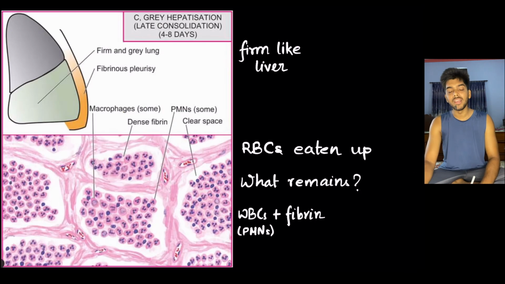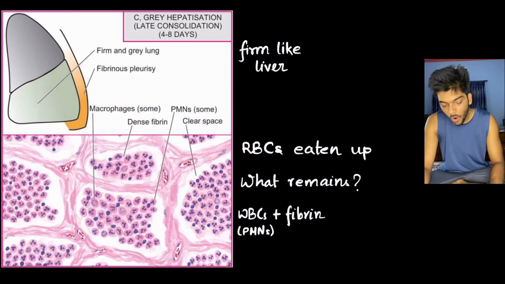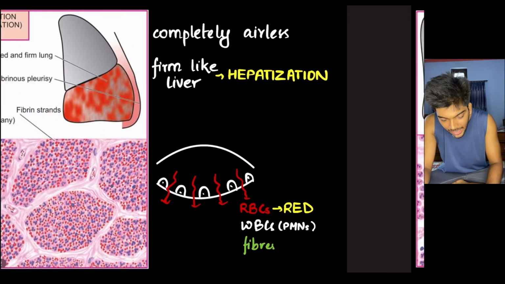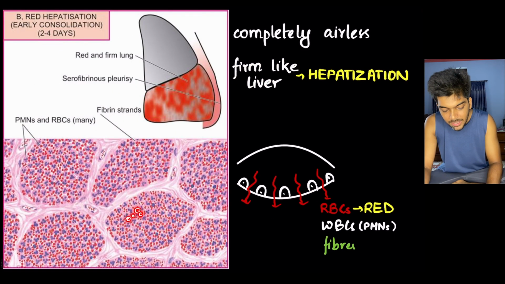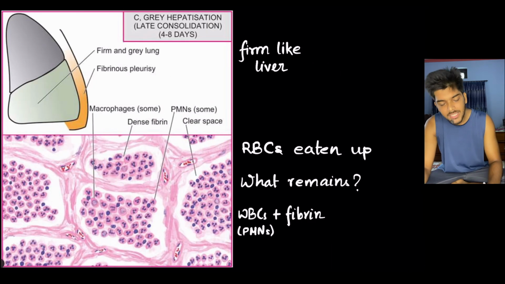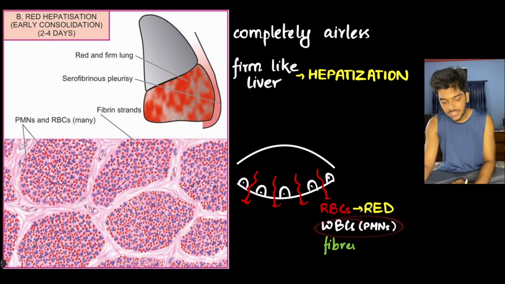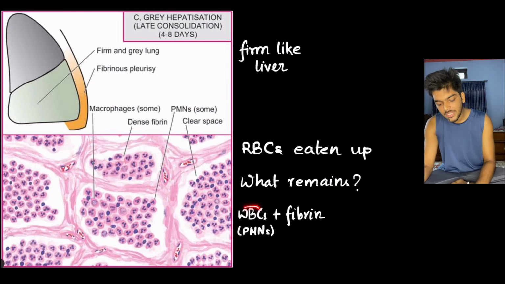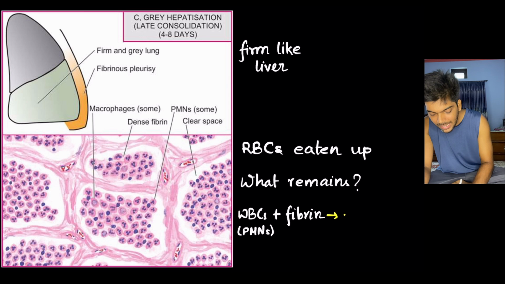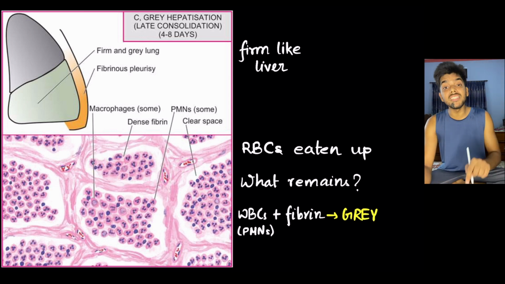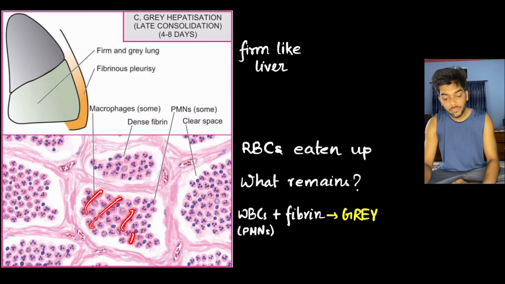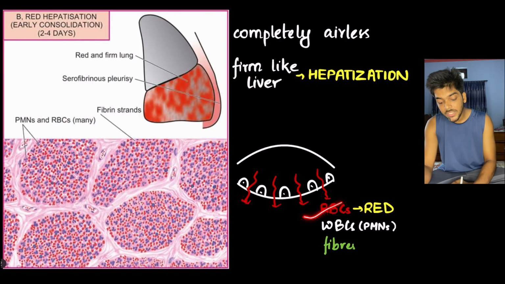Okay. Third, gray hepatization. All the RBCs that came into the alveolar space become old, they die, and they get eaten up. What remains? The WBCs, the polymorphonuclear cells, and the fibers remain. And they give the lung the gray color. Which color? Gray color. See, the airspace is still filled with cells. Previously, the cells were red blood cells, WBCs and fibers.